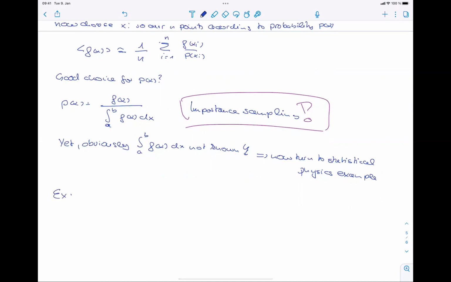But let's start at the beginning. So the idea is now to look at the example of, say, the magnetization in the Ising model.